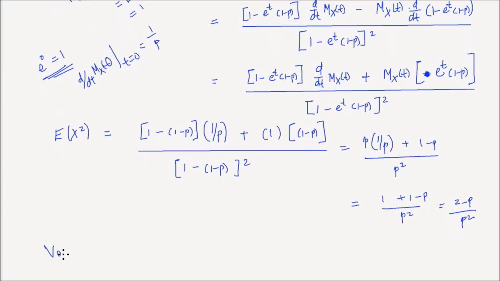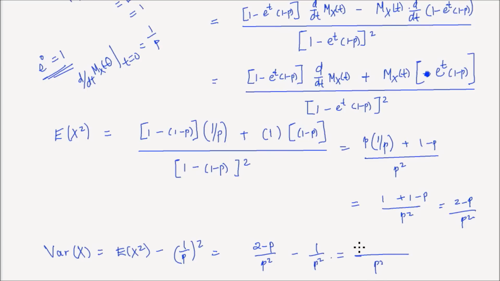But the variance of the random variable x is the second moment minus the square of the first moment, which is 1 over p squared. So I have 2 minus p divided by p squared minus 1 over p squared. Take p squared as the common denominator, then you have 2 minus p minus 1.